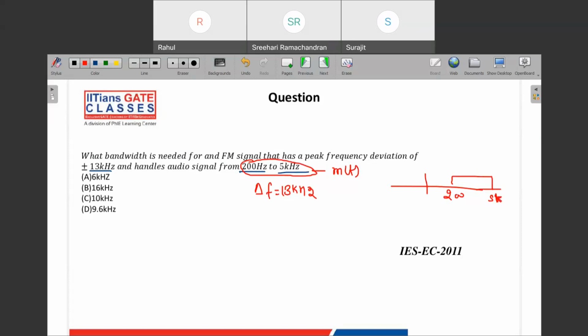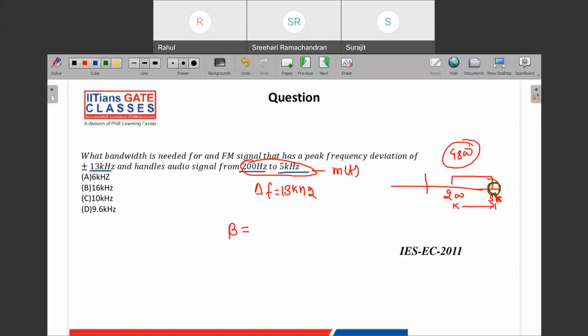Now if you calculate the bandwidth, it will be 5K minus 200, which will give us 4800. But as I told a few slides back, when you are calculating beta, we should not take the bandwidth, we should take the maximum frequency component, which in this case is 5K.